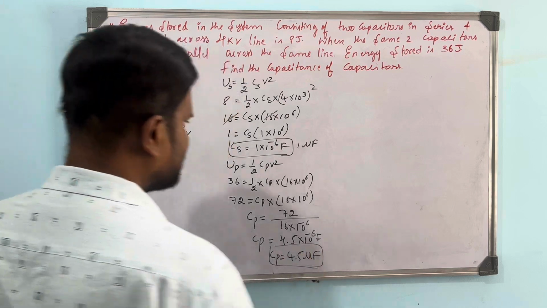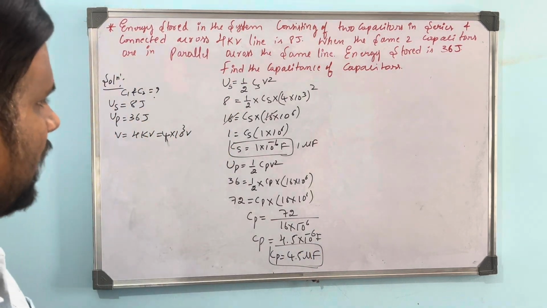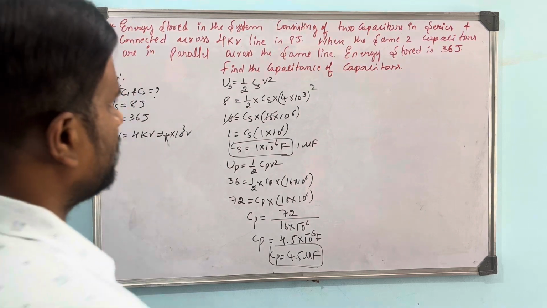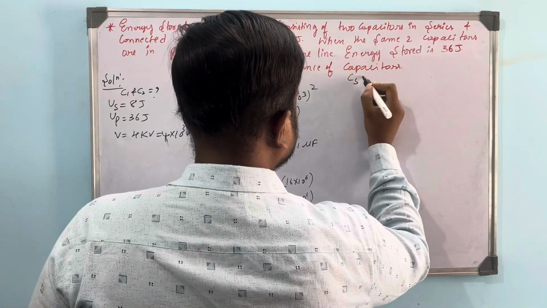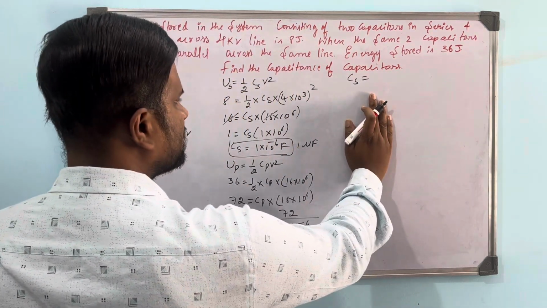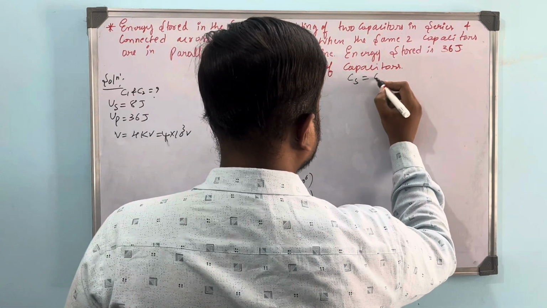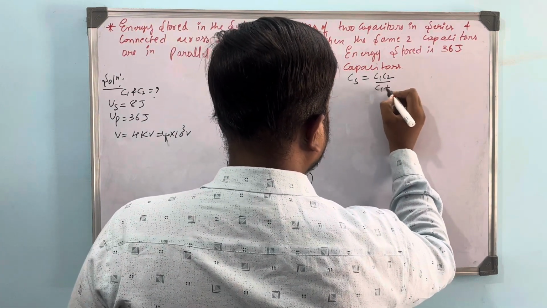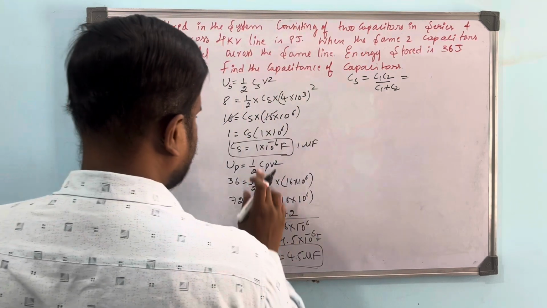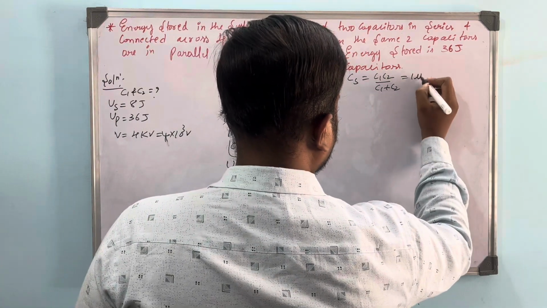So CP and CS values we got, but I need to calculate C1 and C2. What is the CS formula? The equivalent capacitance in series is given by CS equals C1 C2 divided by C1 plus C2, and its value is 1 microfarad.